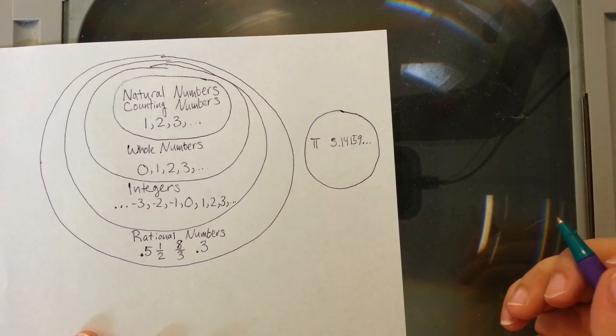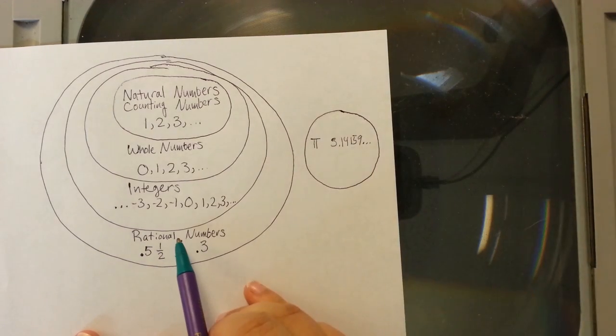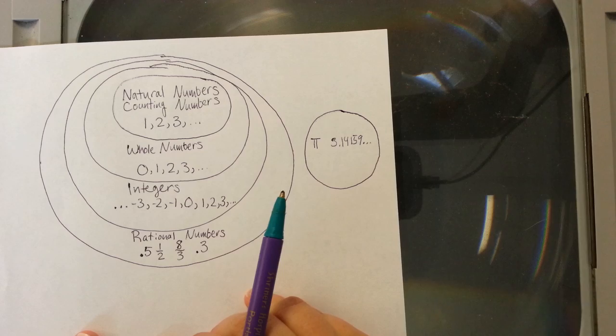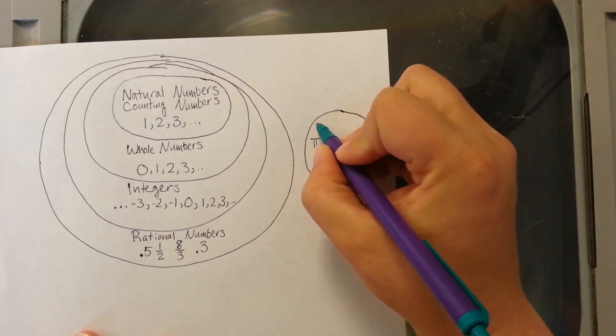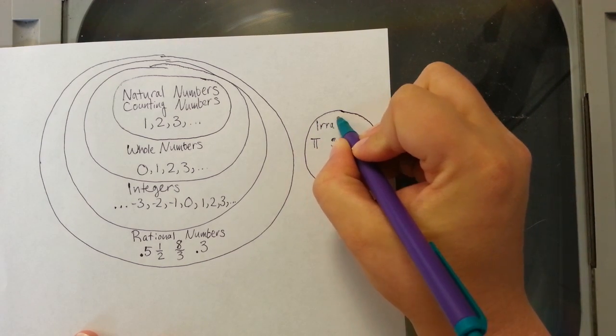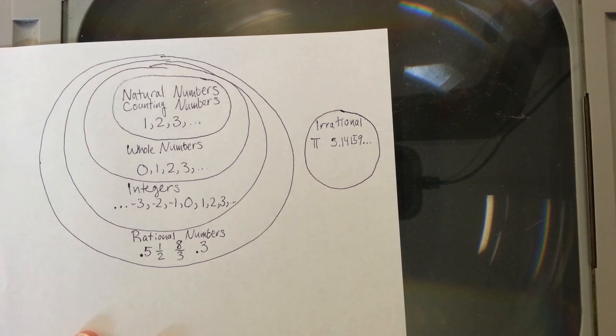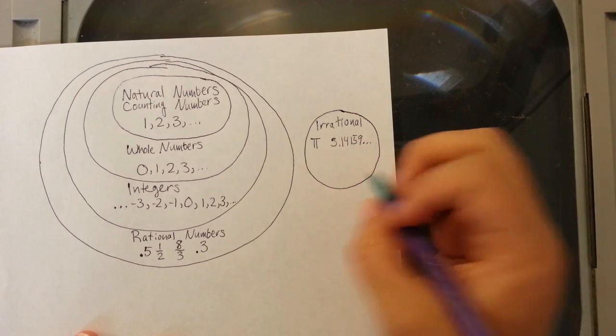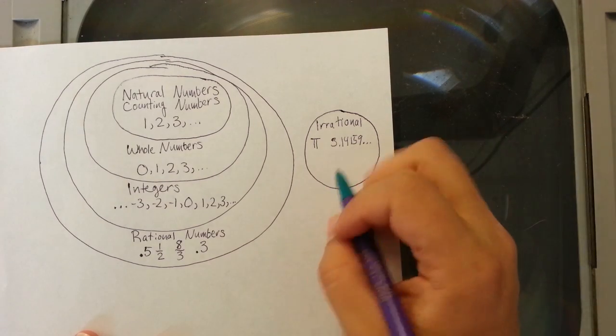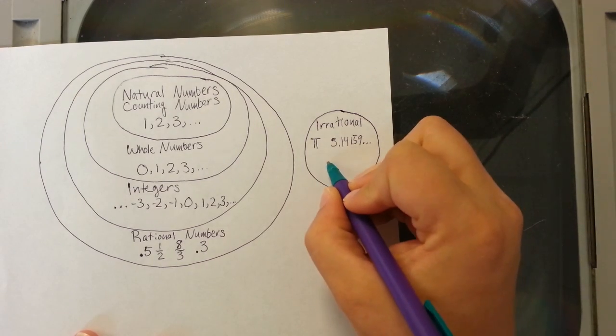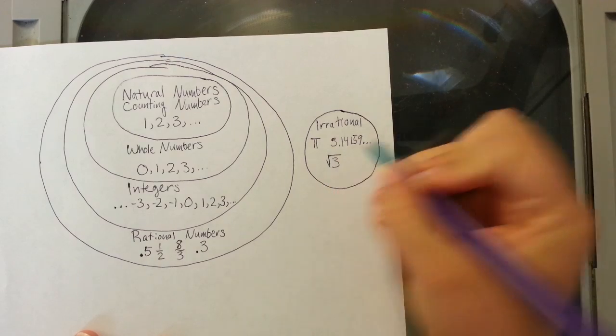That can't be made into a fraction, and so it's not rational. So this one is called irrational, which basically means not rational. So pi is one of those, like the square root of 3.